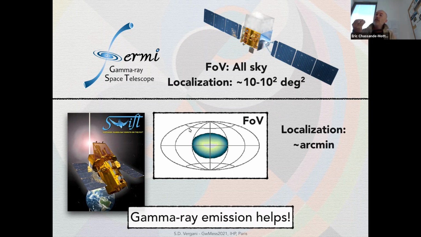Your timing information is much less accurate, and since timing is essential to pinpoint in the sky, what we are doing is triangulation essentially, the error region in the sky is bigger. But you know that something is happening in a certain region in the sky. So maybe you can alert those telescopes early on, and it may improve the success for discovery.